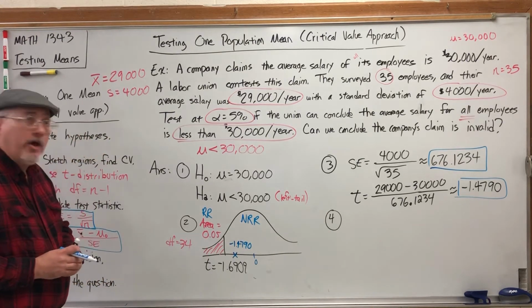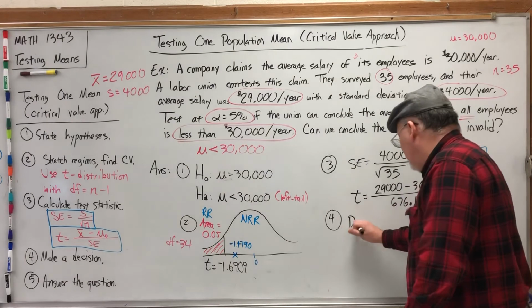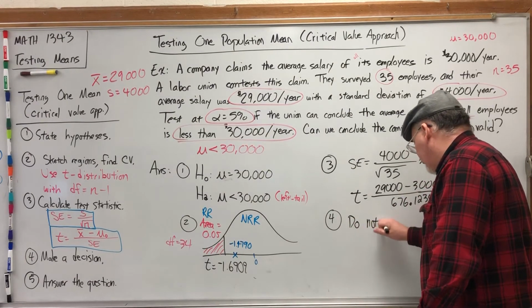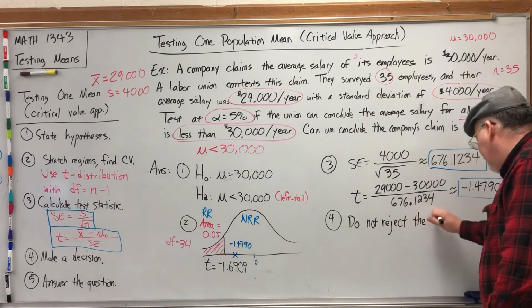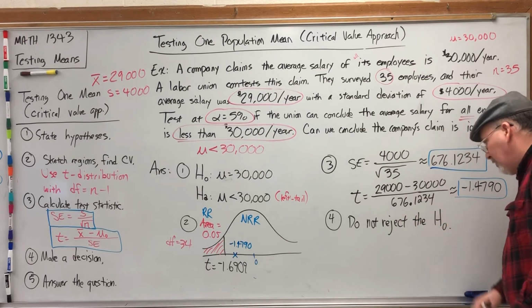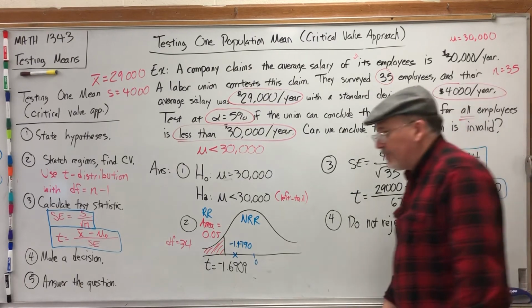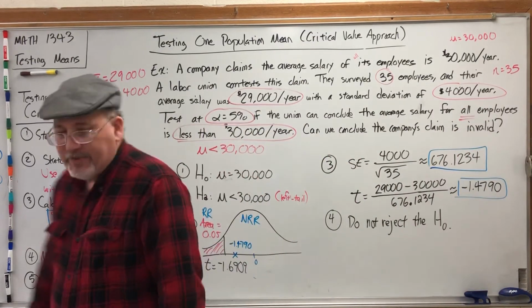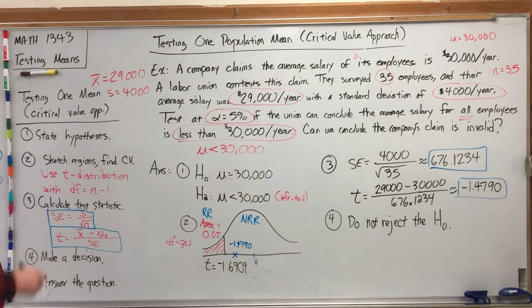And it lands in the non-rejection region, which means our decision is do not reject the null hypothesis. And then you can just write H0 for the null hypothesis. I realize that if you read this as a word, that sentence means something completely different, but I'm never going to mention that again.